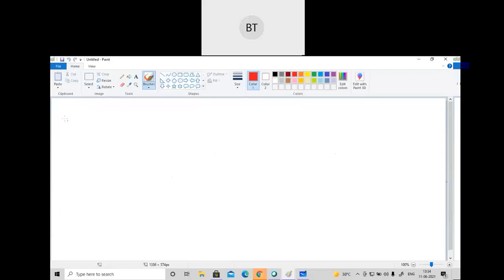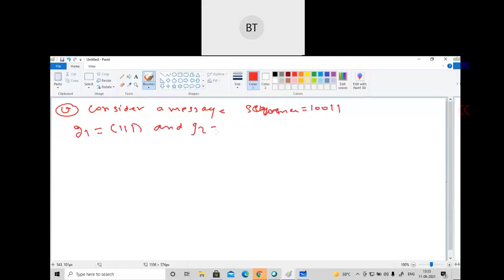So the question is like this. Consider a message sequence, not a signal, which is given as 1 0 0 1 1, and generator sequence G1 is given as 1 1 1 and G2 is given as 1 0 1.